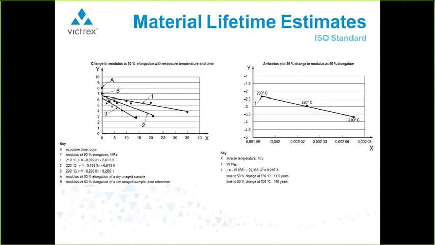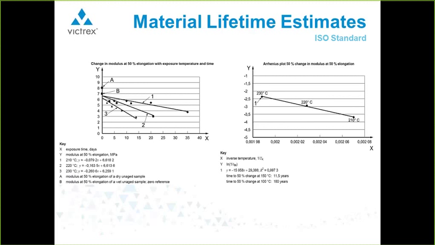We'd have some kind of correlation coefficient describing how well our data fits that straight line. And we would then be able to extrapolate that chart further to the right to tell us the expected performance of the material at lower temperatures.